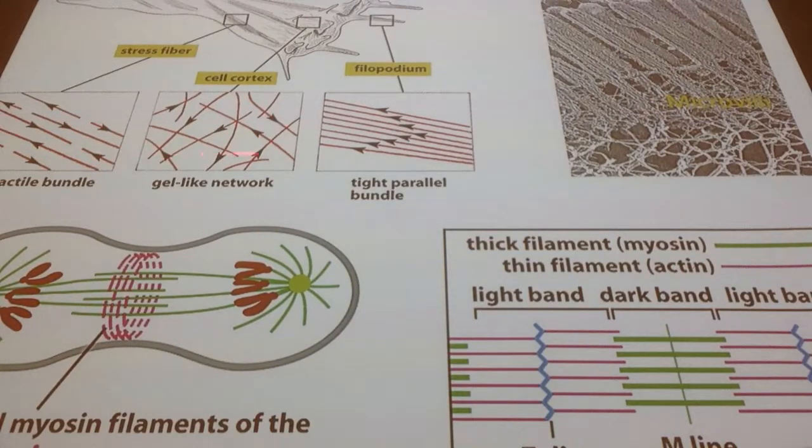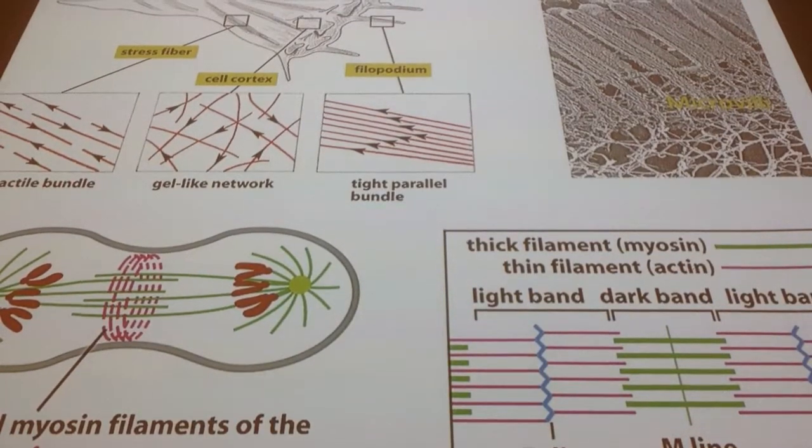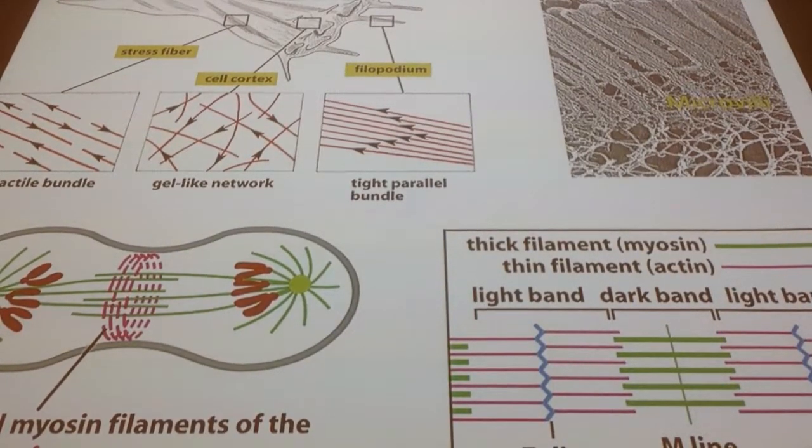There are three different ways that they can be bundled or aggregated. They can be loosely bundled to form a contractile bundle of microfilaments. So this is a loose bundling. And the idea is that there's space in between to actually jam more stuff in it. Okay? And we'll talk about what the other stuff might be.